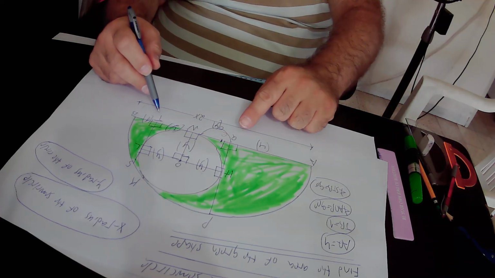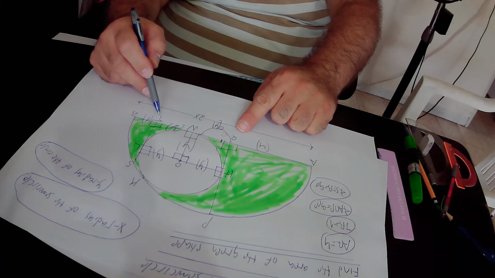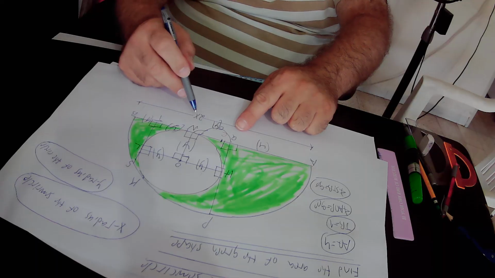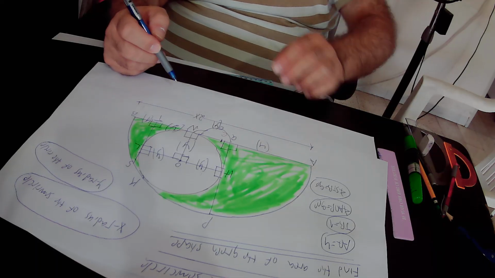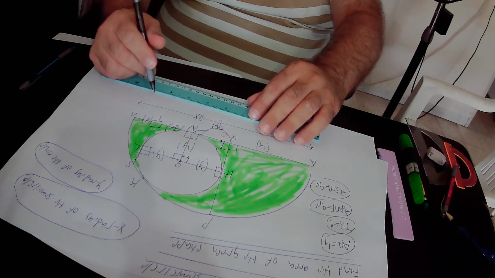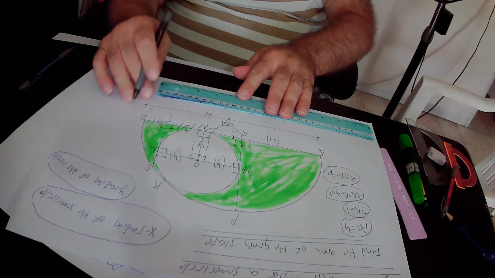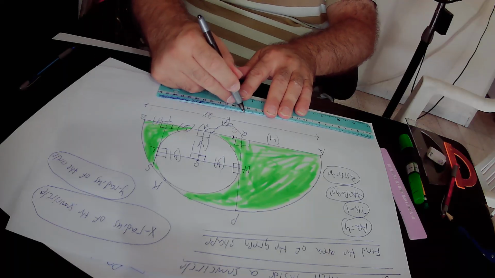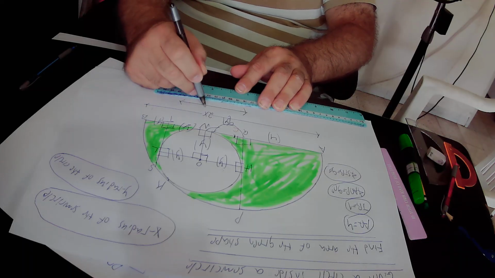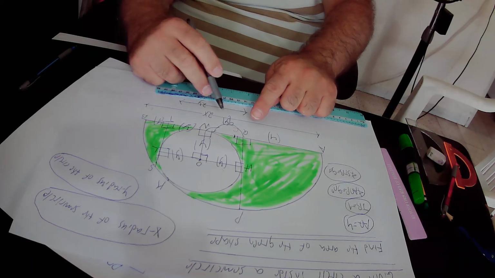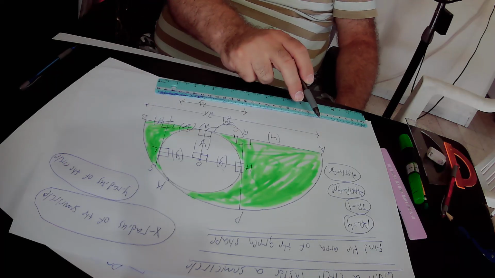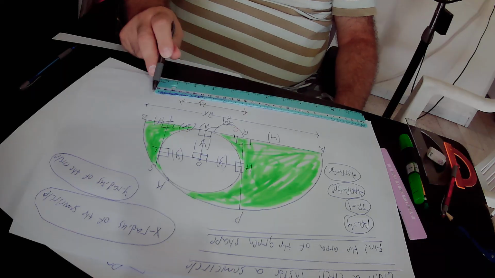So what is the length of line segment QT? QT in total equals y plus y, that is 2y. Actually, QT is definitely a straight line because it is part of the diameter AB.